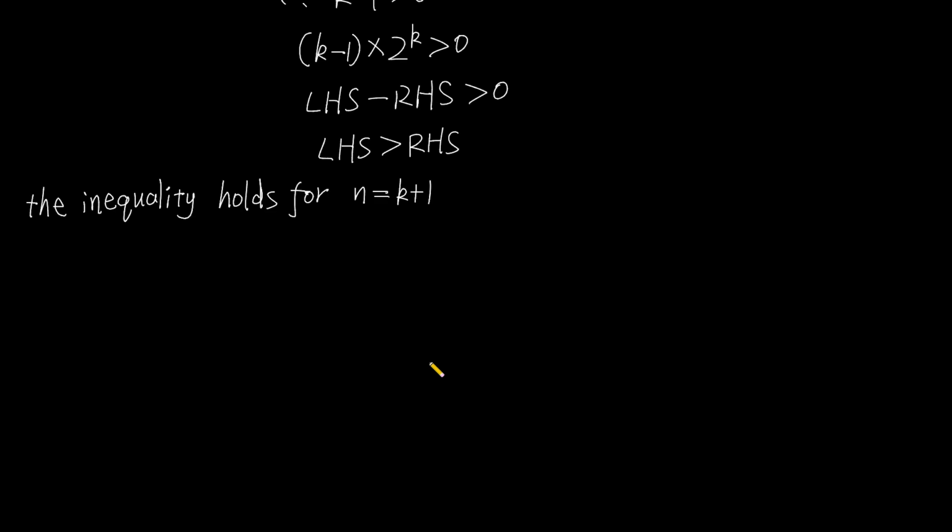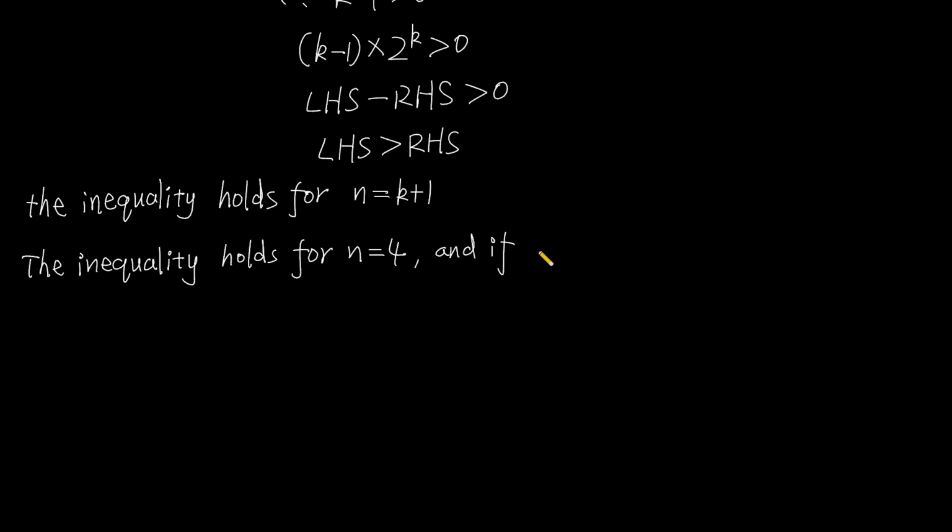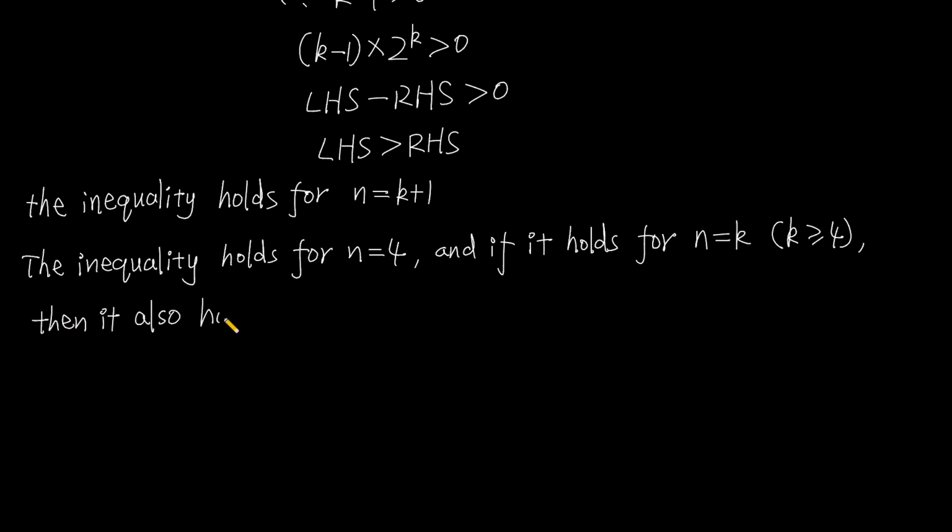Then the conclusion: the inequality holds for n equals 4, and if it holds for n equals k, here k is larger than or equal to 4, then it also holds for n equals k plus 1.